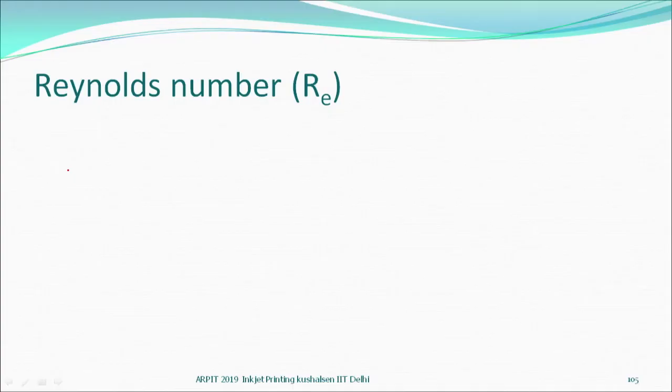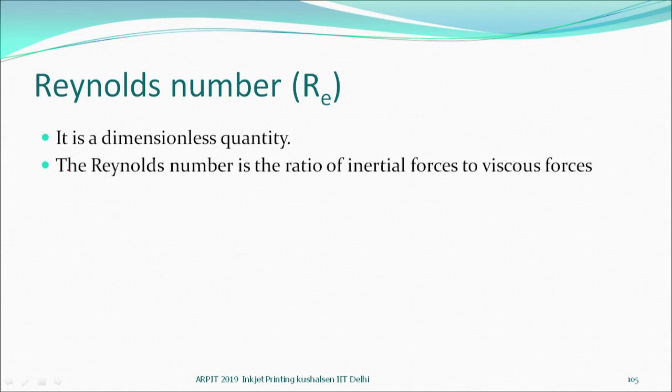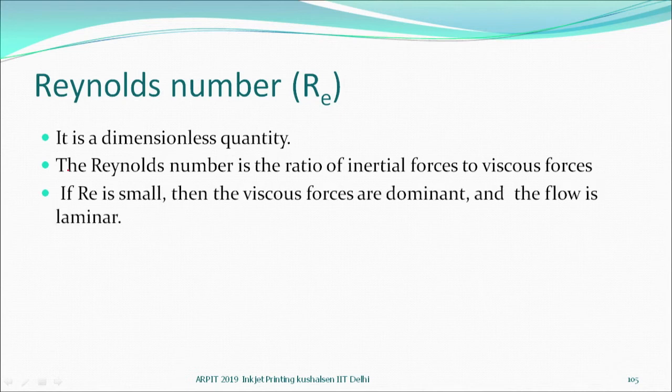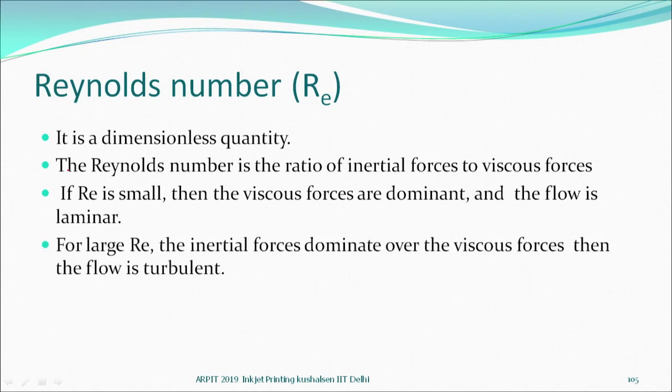Then there is the Reynolds number, again a dimensionless quantity, the ratio of inertial forces to viscous forces. If the Reynolds number is small, viscous forces are dominant and the flow is laminar. If the Reynolds number is large, that means inertial forces dominate over viscous forces and the flow is turbulent.